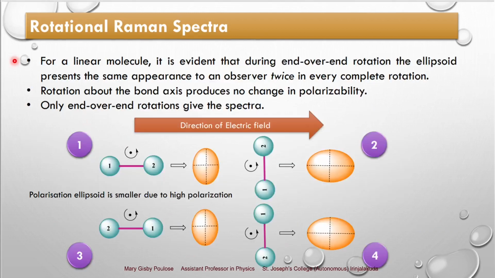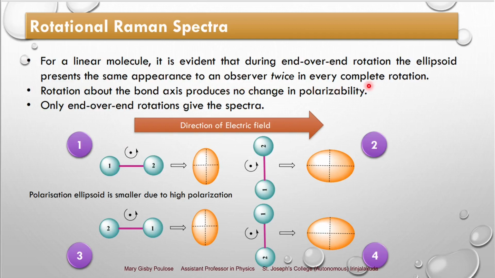Now, for a linear molecule, it is clear that during the end-over-end rotation, like when this molecule 1, 2 is bonded by this bond length and undergoes end-over-end rotation, the ellipsoid has the same appearance to an observer twice in every complete rotation.